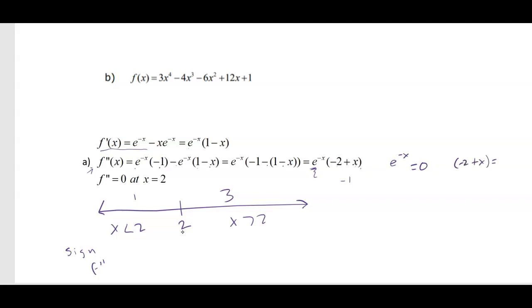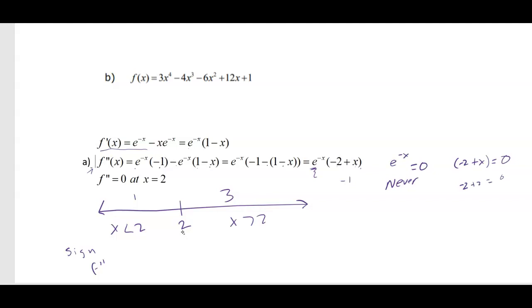But when you have an exponential as your factor, the answer to this is never, so it doesn't contribute to your zeros. And then this becomes negative 2 plus 2 would equal 0. If I just add 2 to both sides, I can see that too. So that's where I got the 2, and that's why I didn't consider the e to the negative x.